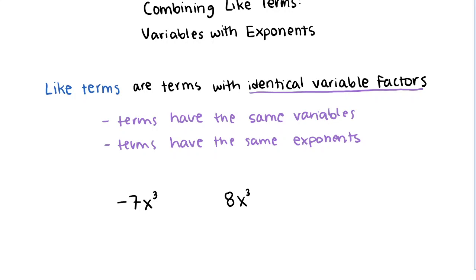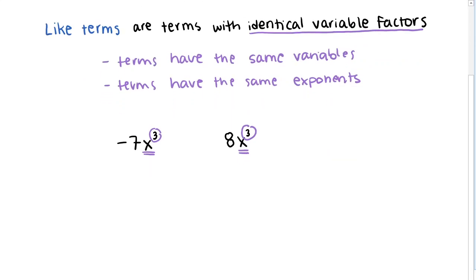This is really because they have the same variable as a factor, the x variable, and they have exactly the same amount of that variable factor. There are 3 x's being multiplied in this term, and similarly here, there are 3 x's being multiplied. These are 3 factors of x in each of these terms, and nothing else in terms of other variables.